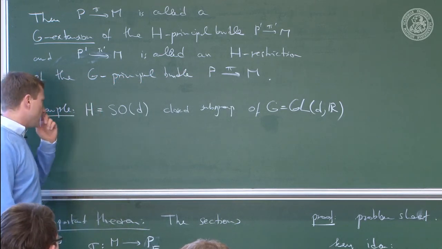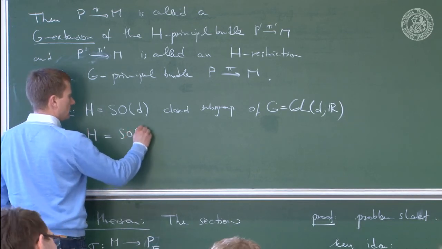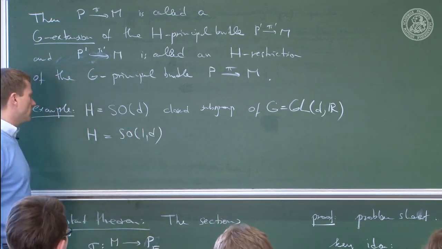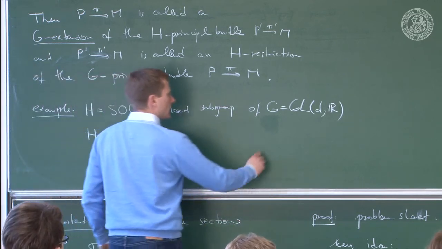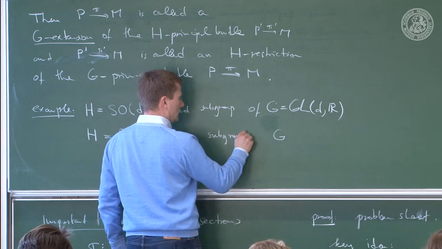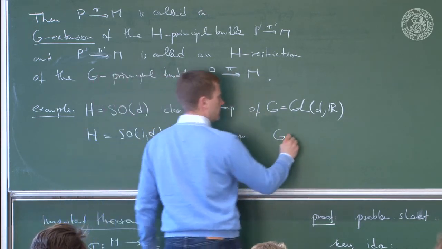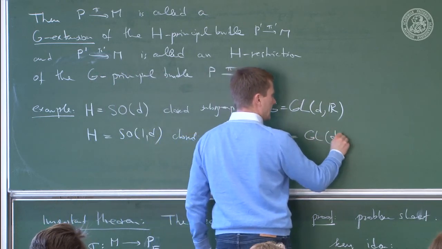Okay? You could also ask the question, what about choosing the smaller group SO(1,D), which is also a closed subgroup of G chosen as GL(D,R).